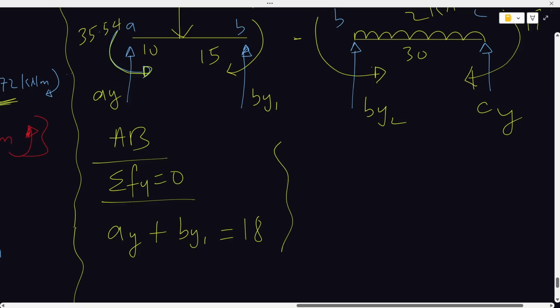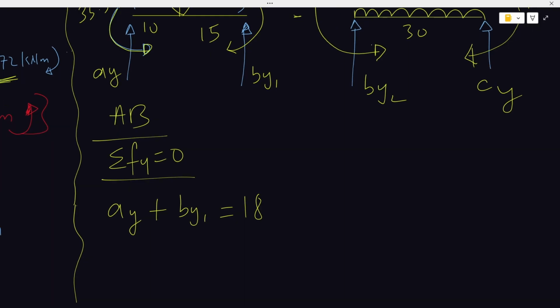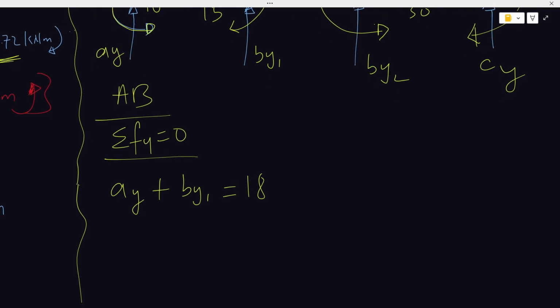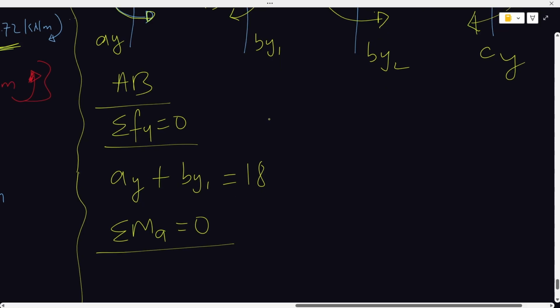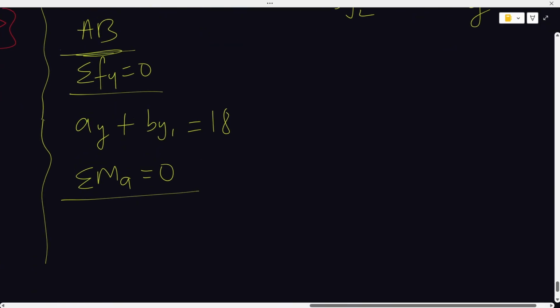Similarly, still member AB, let me just put it underneath. Summation MA for member AB is equal to 0.